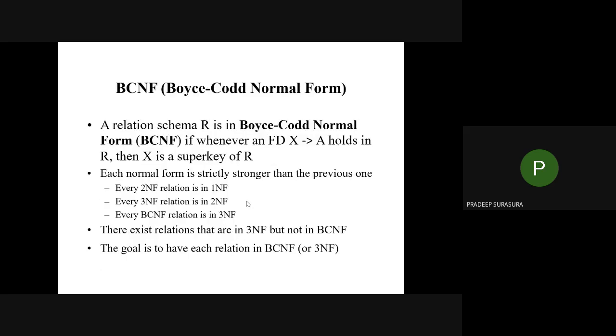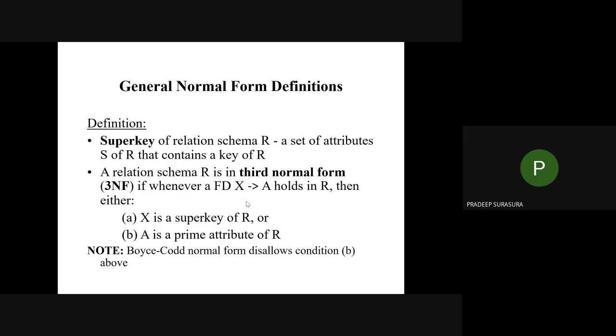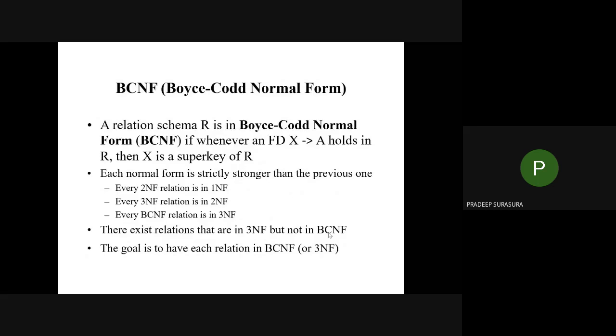But when I go into the Boyce Codd normal form, the extension of third normal form, I observe just one condition: X should be a super key. If I take one functional dependency like X determines A, then X must be a super key. In third normal form, I have seen that either X can be a super key or A can be a prime attribute, then third normal form is satisfied.